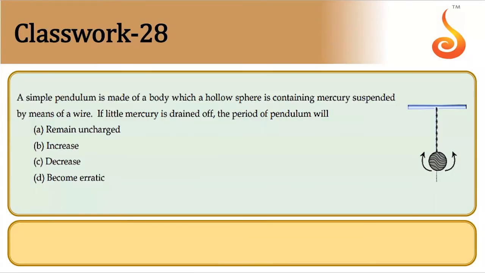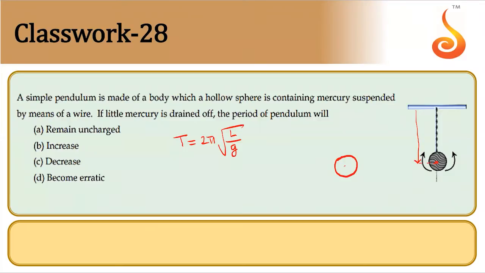See here, length of the pendulum is the distance from point of suspension to the center of mass of the bob. So time period is given by 2 pi root of L by g, where L is the length. Now, when the pendulum bob is a hollow sphere filled with mercury, the center of mass of the bob will be here.